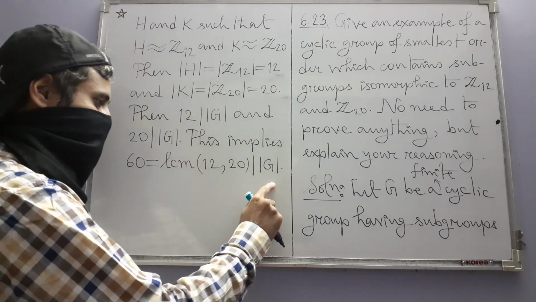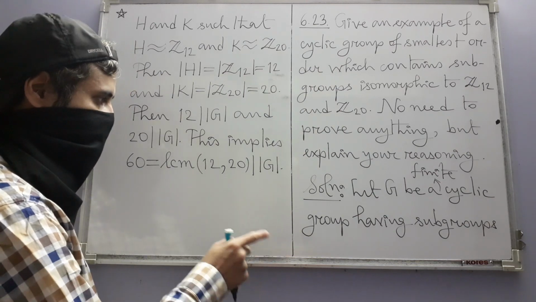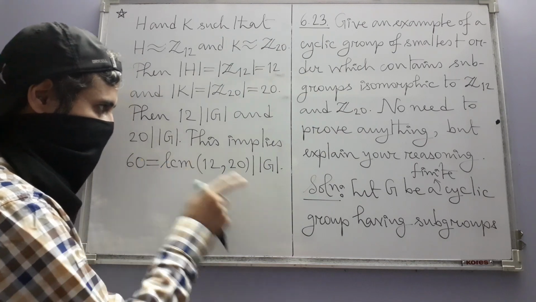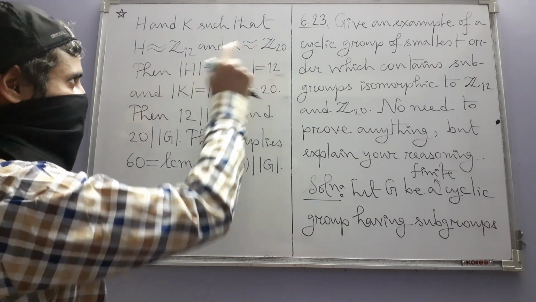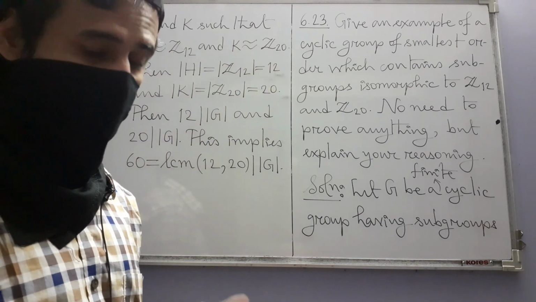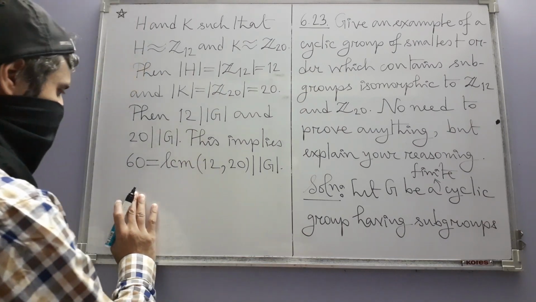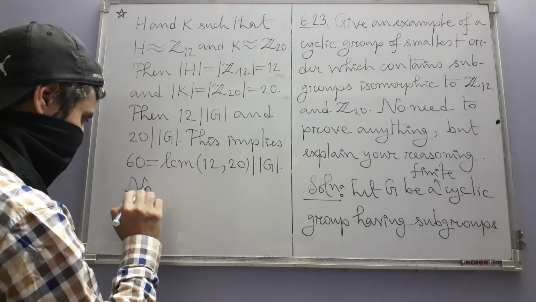Now watch this. If we end up finding a cyclic group whose order is actually equal to 60, in which there exist subgroups isomorphic to these two things, then that will be the smallest cyclic group, and that group is Z60.